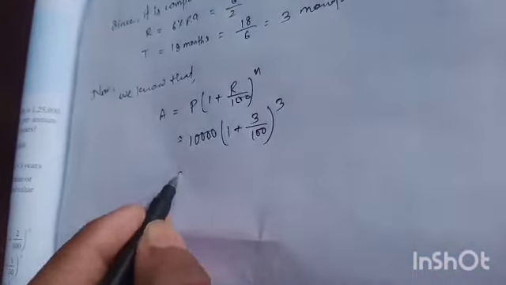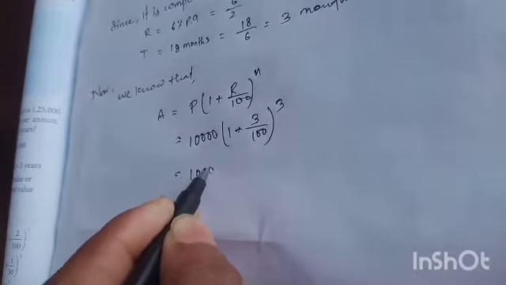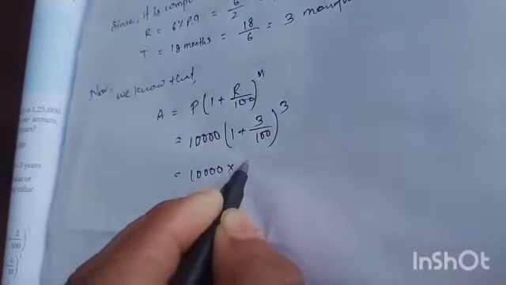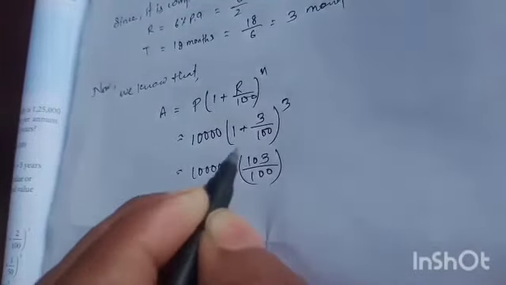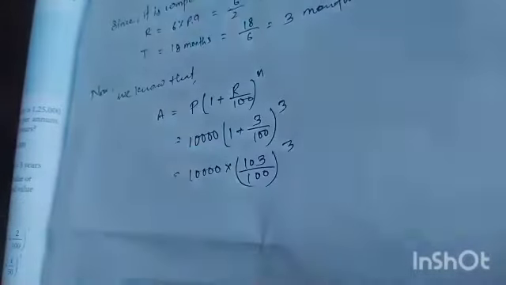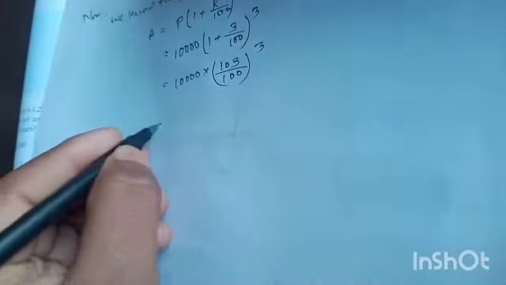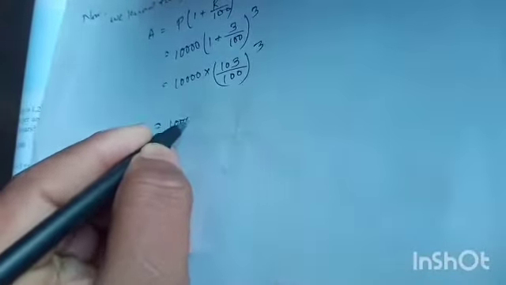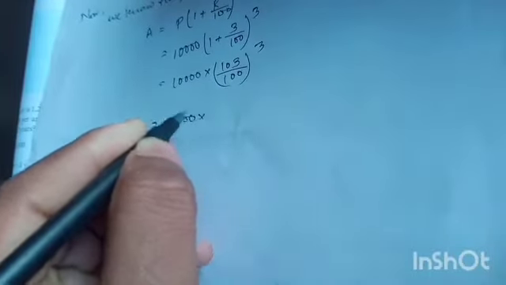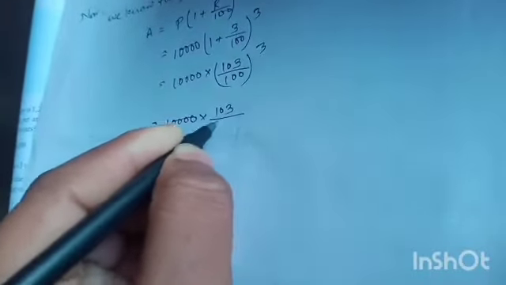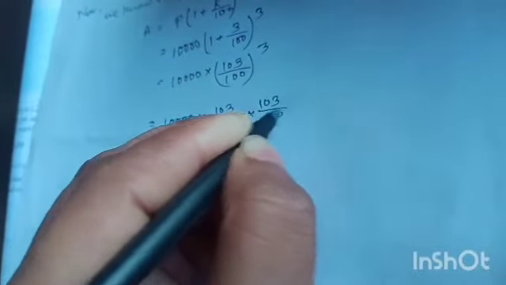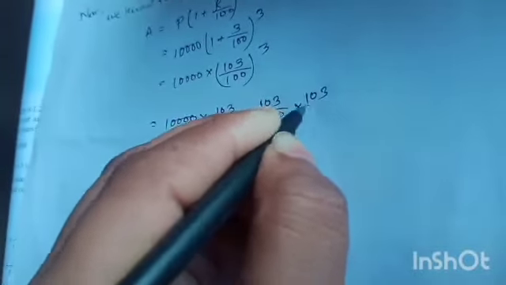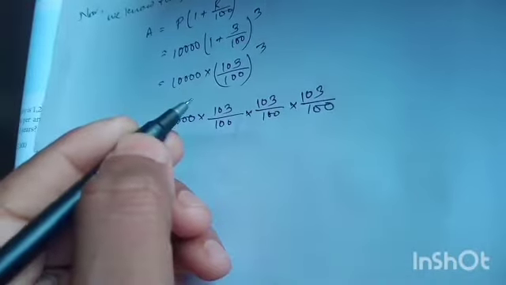Okay. So 10,000 into (103 by 100) to the power 3. If you are going to solve this, 10,000 into 103 by 100 into 103 by 100 into 103 by 100, right?